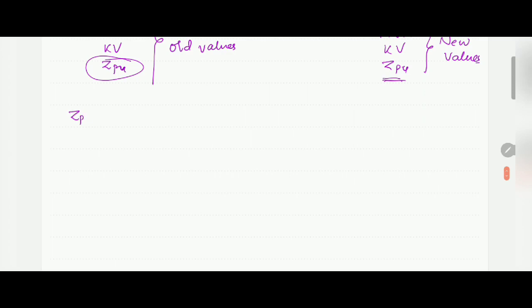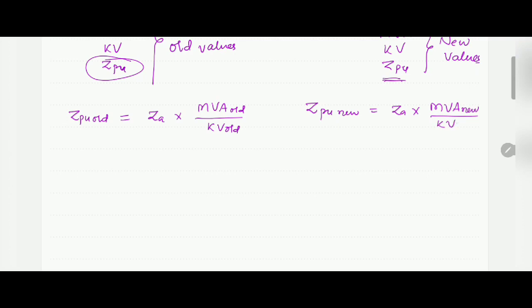So Z per unit old will be given by Z actual multiplied by base MVA, old base MVA divided by old base voltage square, and the value of new per unit impedance will be equal to Z actual multiplied by MVA base new divided by kV base new whole square.